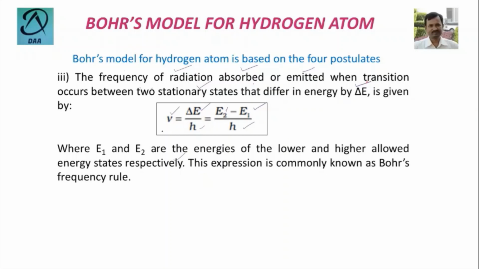This expression is called Bohr's frequency rule. So what is the expression for Bohr's frequency rule? The frequency is equal to E2 minus E1 by h, where h is Planck's constant and E1 and E2 are the energies of the lower and immediately higher energy states.